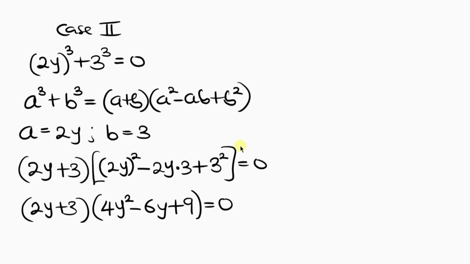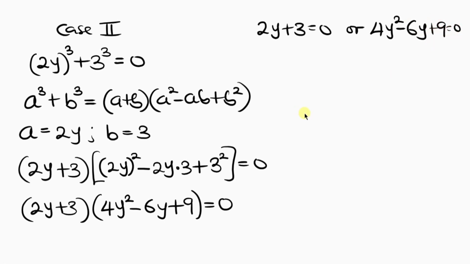So we have two cases here. The first case, we have 2y plus 3 equal to 0. And the second case, we have 4y squared minus 6y plus 9 equal to 0. Now let's go with the first case so that we can get the value of y.